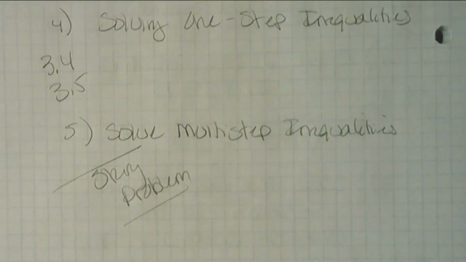But again, if you're practicing multi-step inequalities in story problems, you're also practicing multi-step equations, because the process in setting them up and the game plans are exactly the same. The process in solving them is exactly the same. The only difference is the equal sign or the inequality symbol. Can you kind of see that practicing one helps you practice for the other? Does that make sense to you guys? Okay, that's it. That's our test.